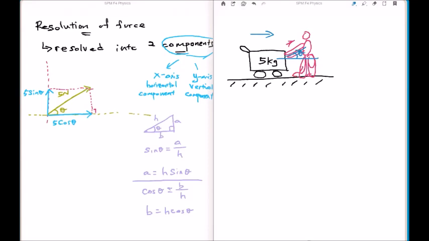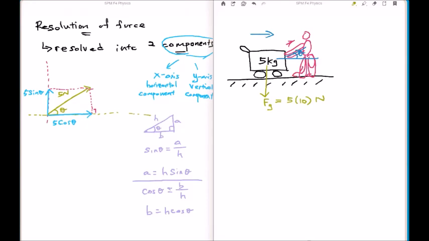Since this object has a mass of 5 kg going downwards, the weight caused by the gravitational pull would be 5 times 10 Newton. 10 is the acceleration of gravity, so 50 Newton.